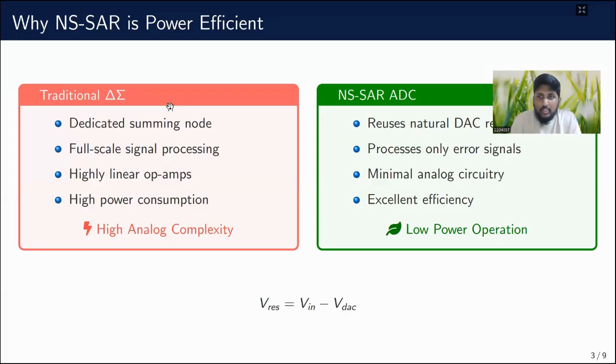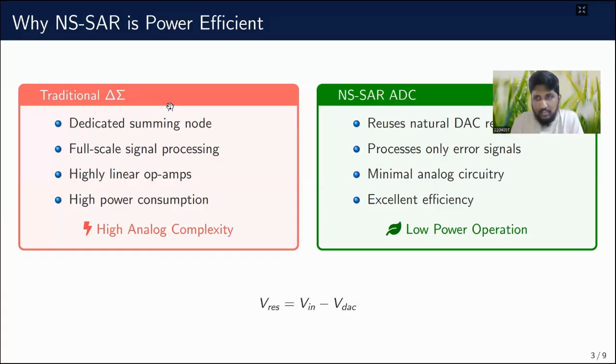The residue voltage is given by the input voltage minus the voltage of the DAC. The residue is much smaller than the original signal, so the ADC can achieve lower power consumption while maintaining high dynamic range and resolution.